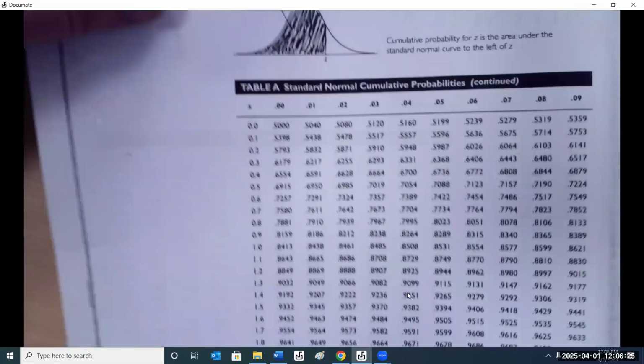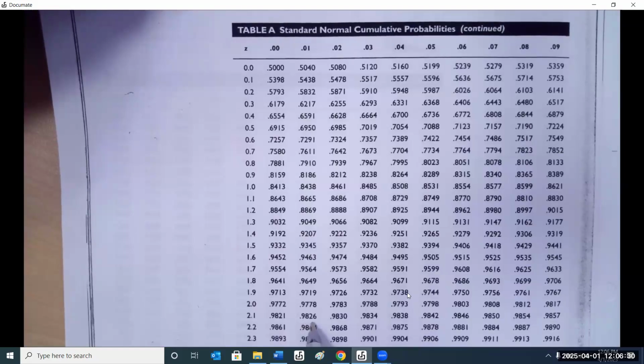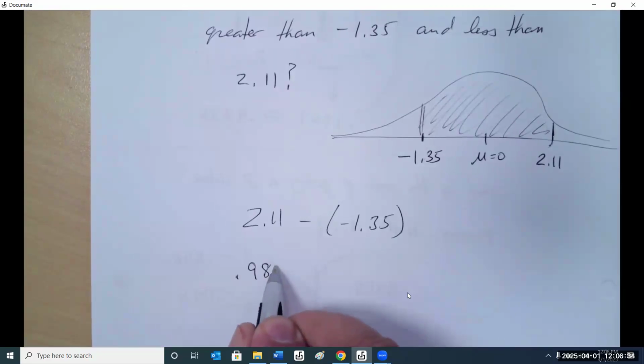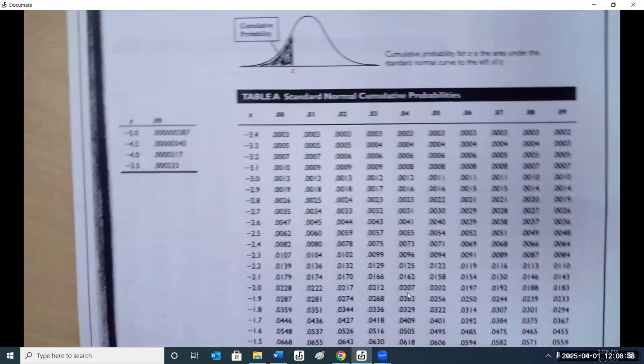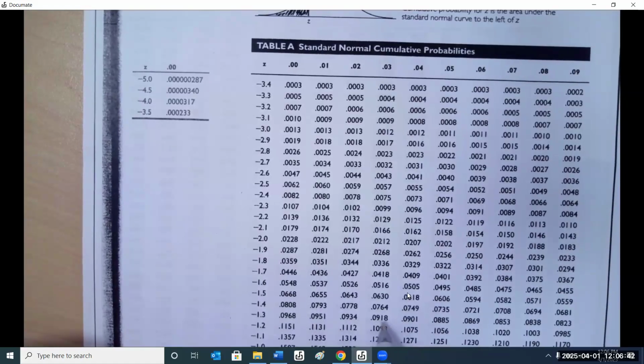So the 2.11 is 0.9826. And I subtract the negative 1.35, 0.0885.